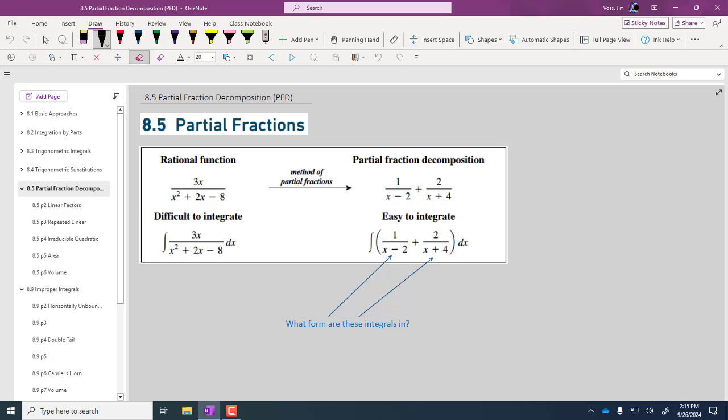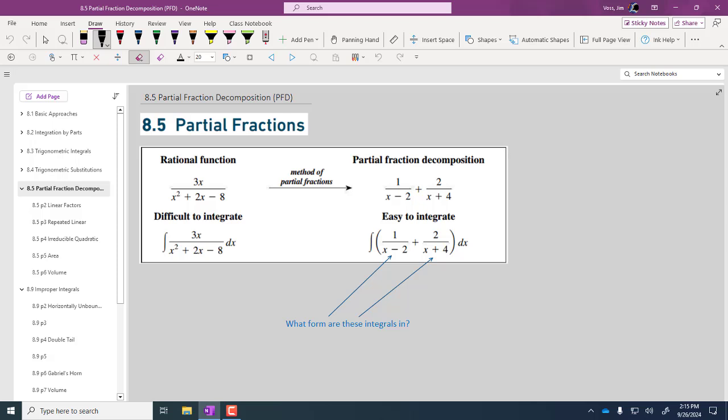And if you look, PFD is something that you've done in the opposite direction. If you had two fractions and you wanted to combine them into one, you would get a common denominator and add them. That's what you've done since you started algebra. PFD is the opposite.